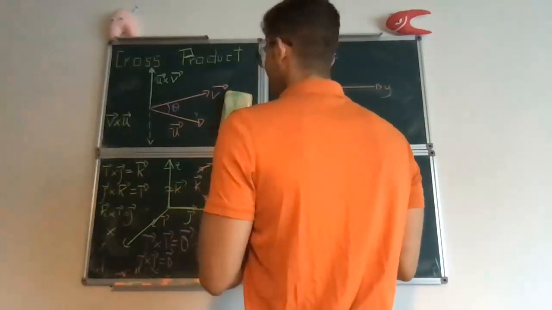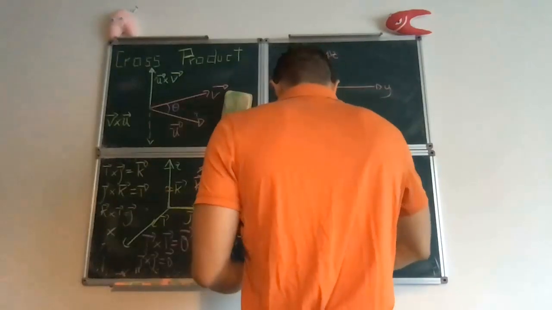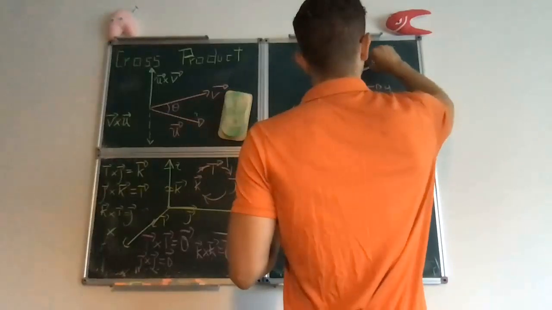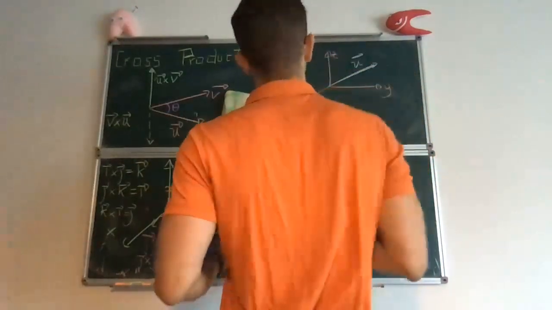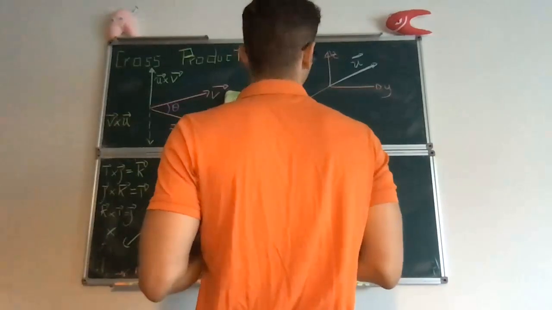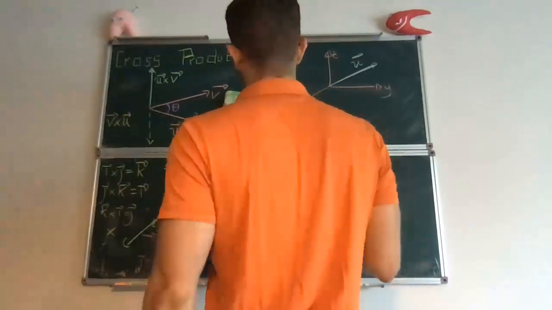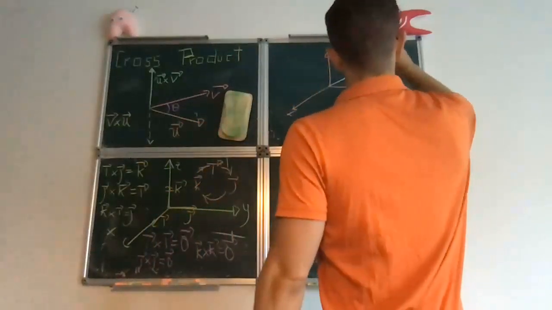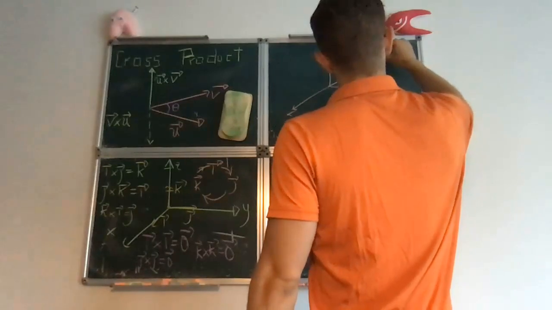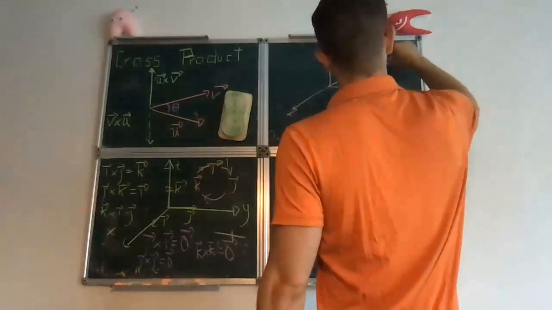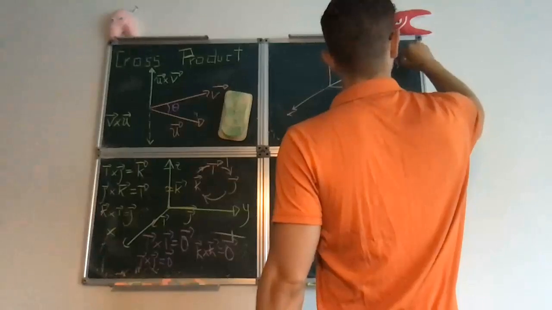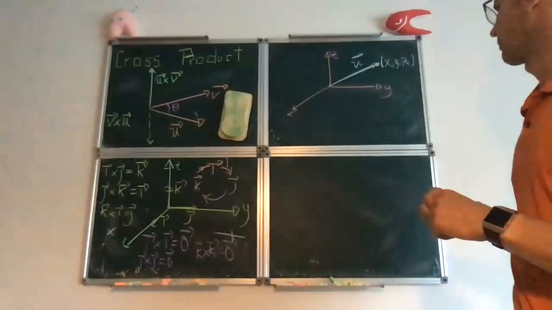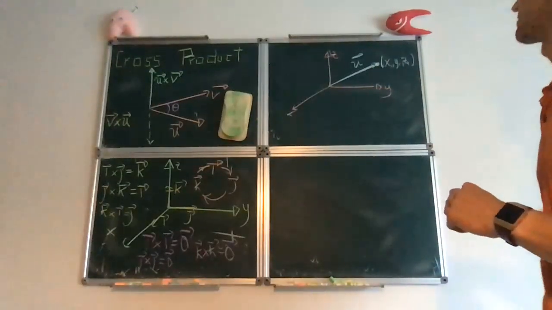Let's say that your vector u is going to be this one, and I'm going to call the coordinates of this point x1, y1, z1.